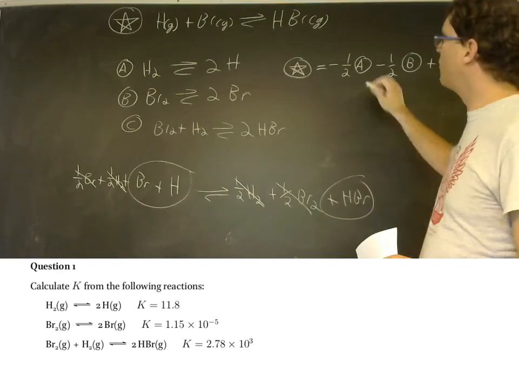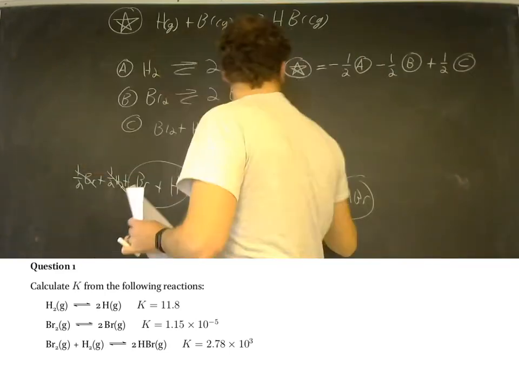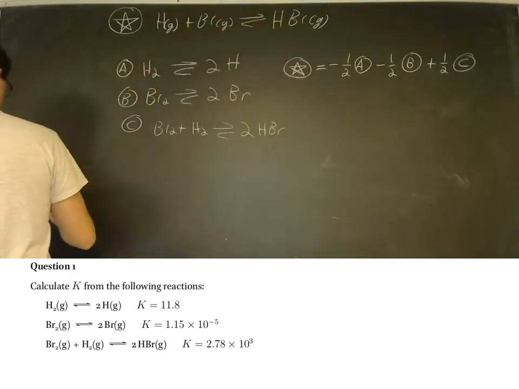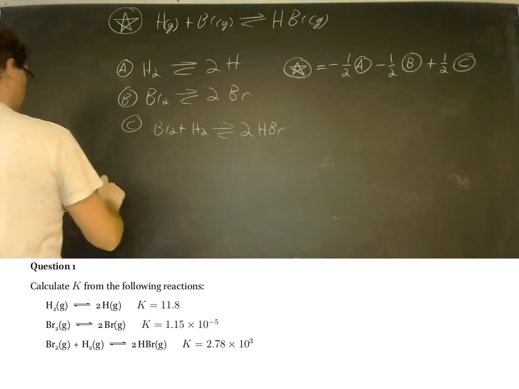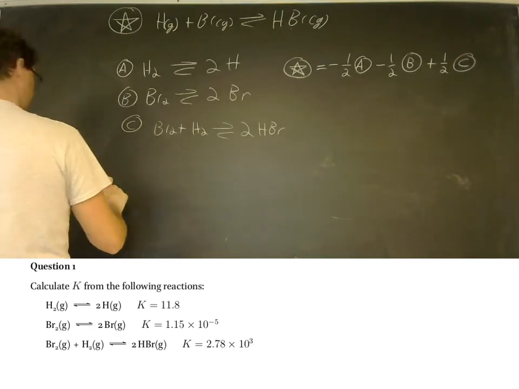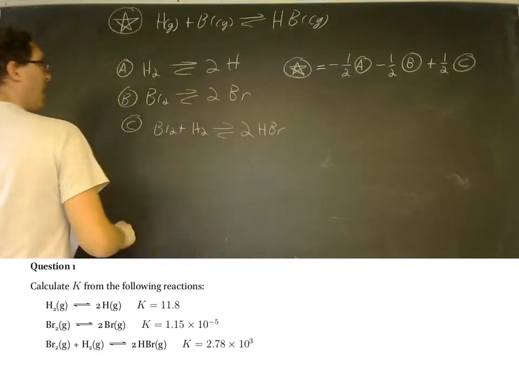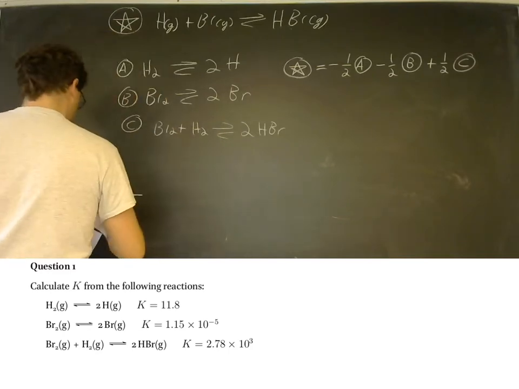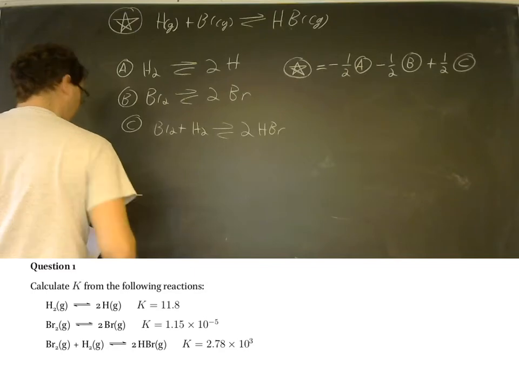Now how do we use this formula to get the equilibrium constant? Well, K star is going to equal, we'll take the inverse of A and square root it. So we'll have the square root of Ka.